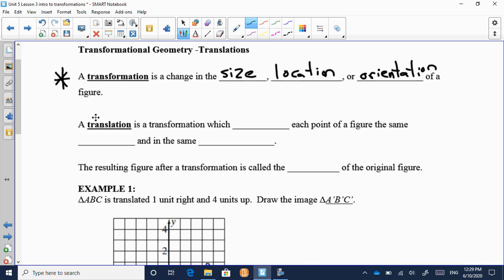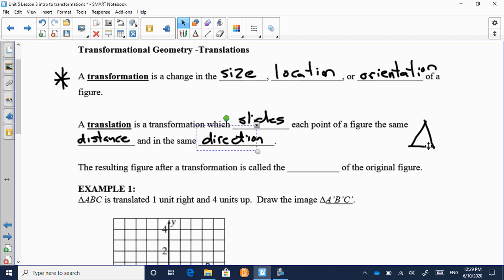A translation is a type of transformation which slides each point of a figure the same distance and in the same direction. Okay, so just think about that. We are going to move every point. Okay, so it's the idea, let's say it was a triangle that we were moving.